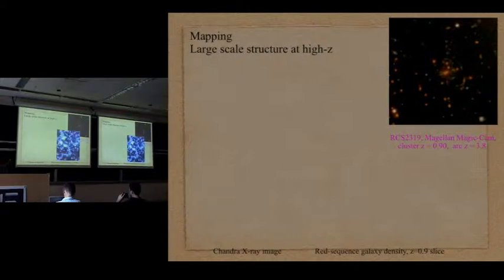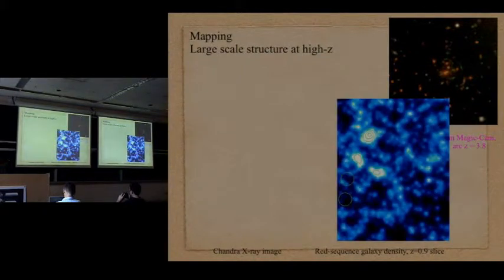And when you look at the red sequence density map, it looks like this, where this little box here is this little thing here. But this red sequence lump here is this cluster. And one can see two other very large peaks, about 3 to 5 megaparsecs apart at redshift 0.9.